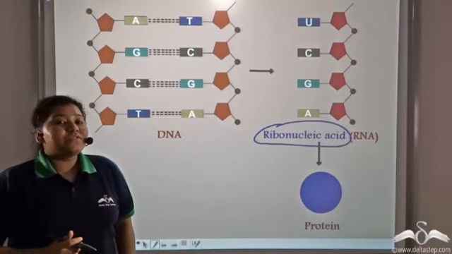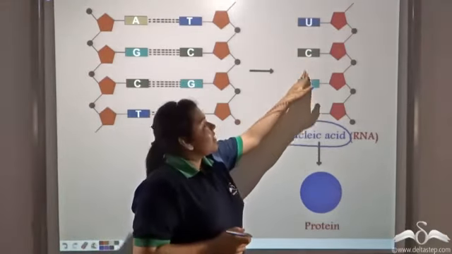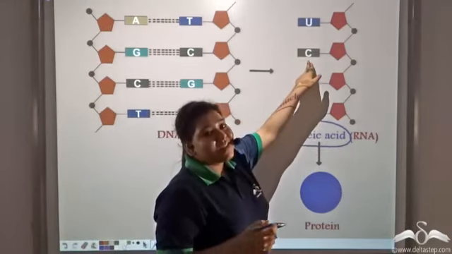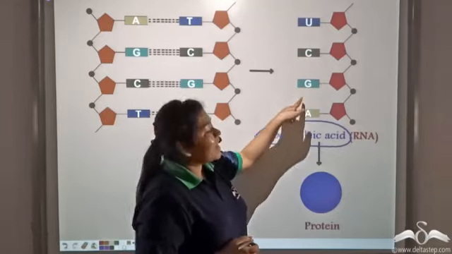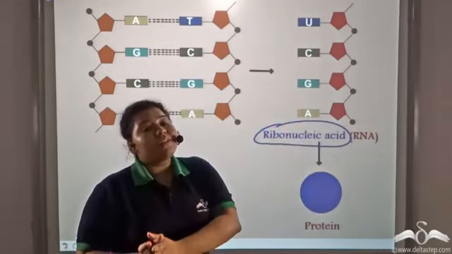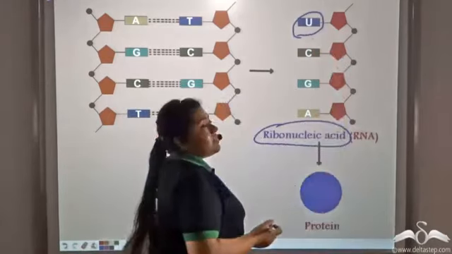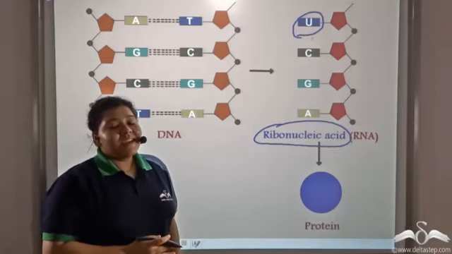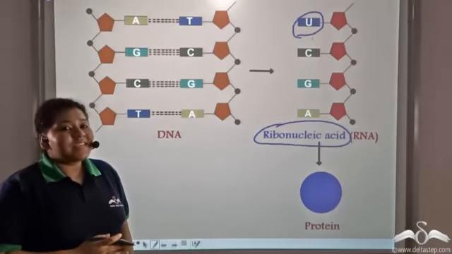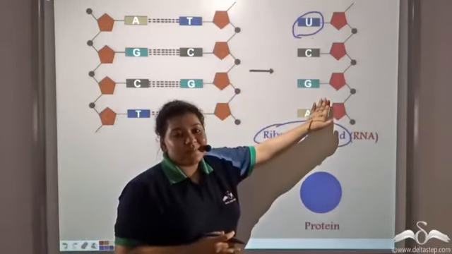Another point of difference is that, if you notice carefully, there are 4 bases in an RNA as well. There is cytosine, guanine, and adenine, which are common to DNA. But this base is known as uracil, which is not present in DNA. And the base that is present in DNA, that is thymine, is not present in RNA.